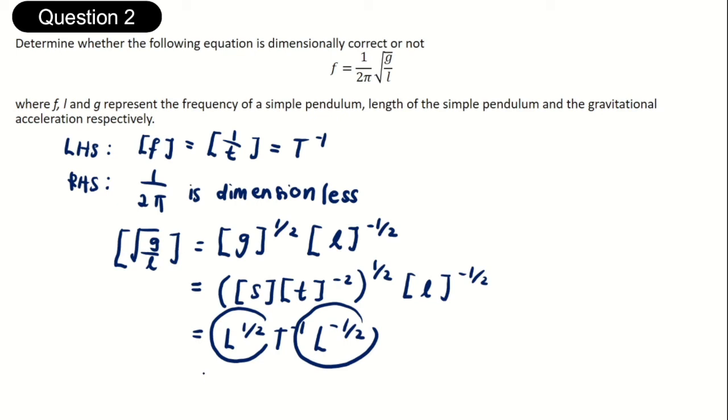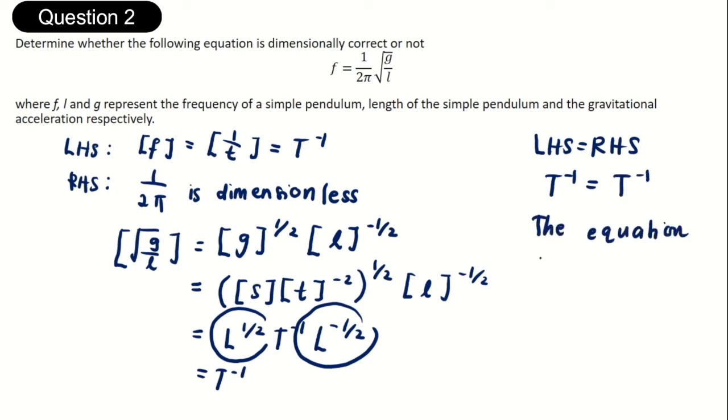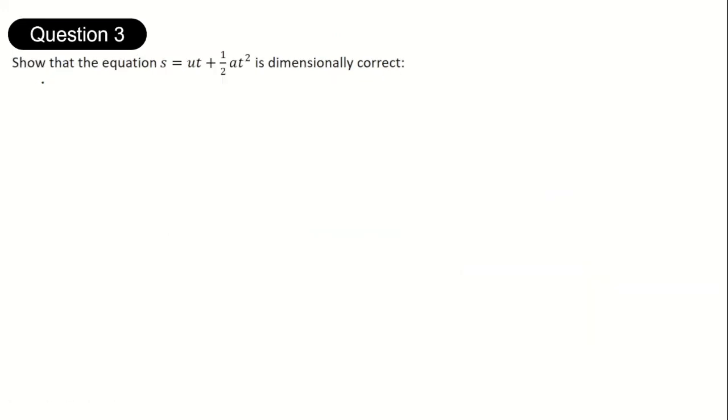So the final dimension on the right hand side will be capital letter T to the power of negative 1. We can conclude that the left hand side is equal to the right hand side, which follows the principle of homogeneity, so the equation is dimensionally correct.